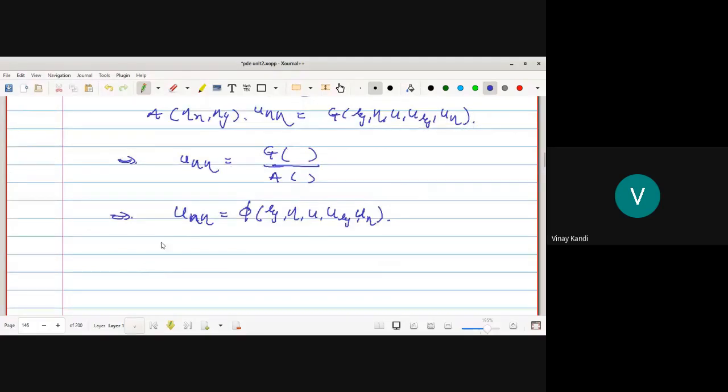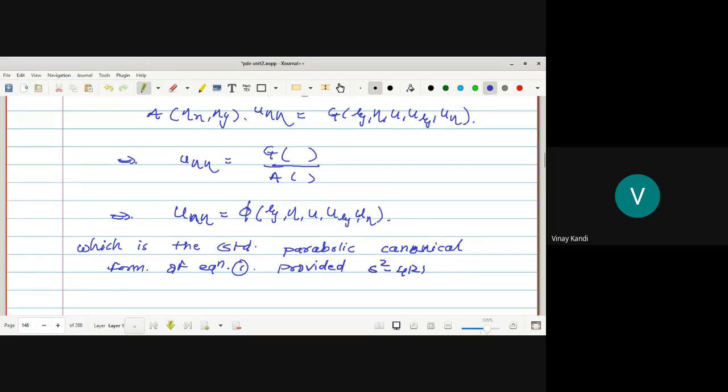Okay, which is the standard parabolic canonical form of equation 1, partial differential equation second order, s square minus 4rt is equal to 0.